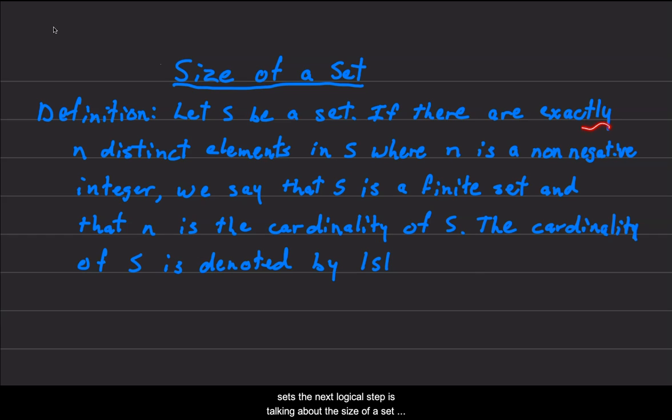If there are exactly n distinct elements in S, where n is a non-negative integer, we say that S is a finite set and n is the cardinality of S. The cardinality of S is denoted by what looks like absolute value signs around the set S, so straight vertical lines around set S.